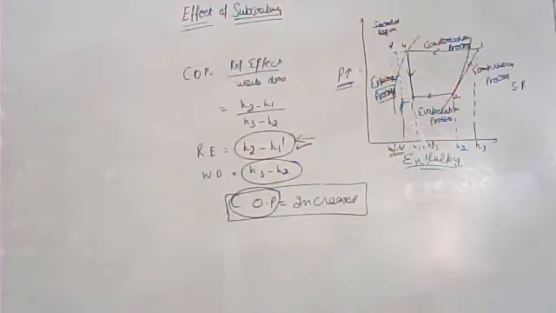What will be the effect on the COP of subcooling, superheating? What if the discharge pressure gets increased? What if the suction pressure gets decreased? What will be its effect on the COP of the cycle? Okay. So this is a very important question.